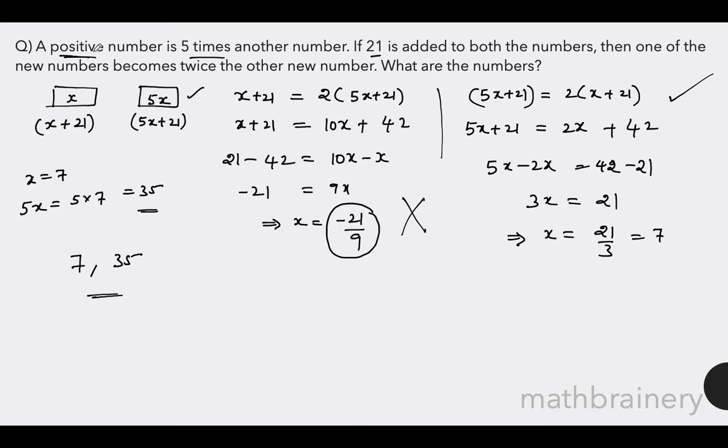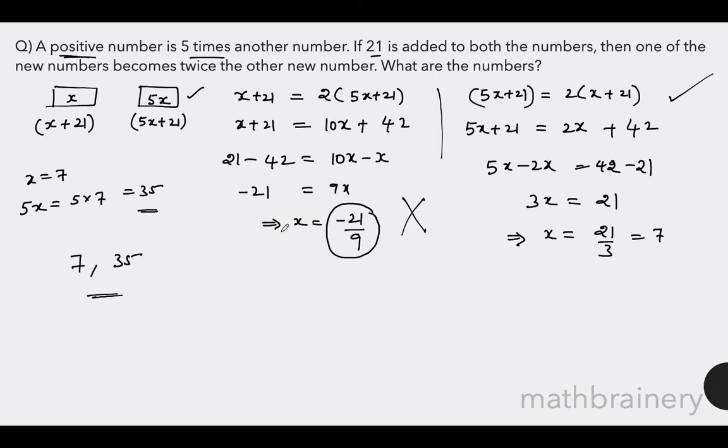Well, if I give you the same question, instead of positive numbers, I just say one number is 5 times another number, and these numbers are not necessarily integers, they can be fractions as well, then you can get two alternate answers in this case.